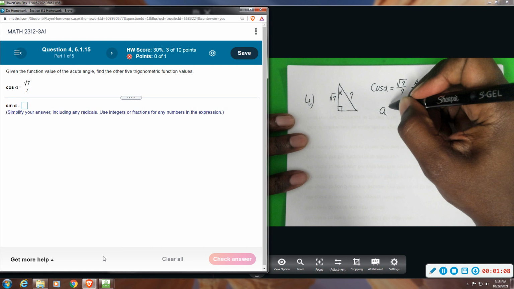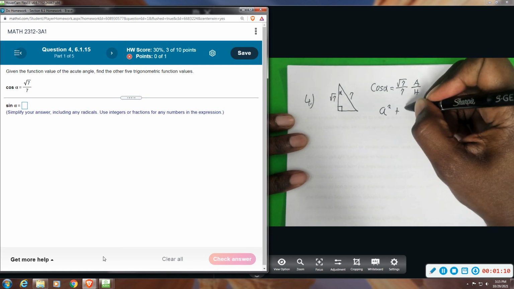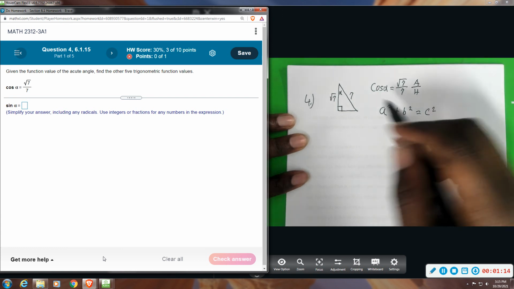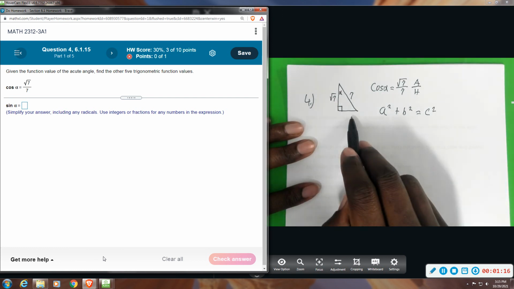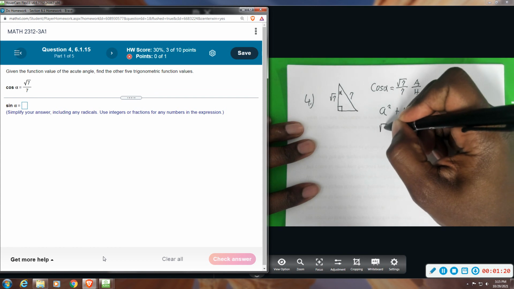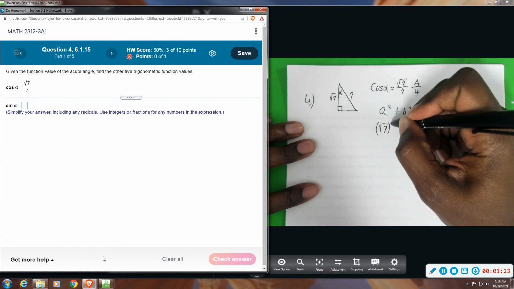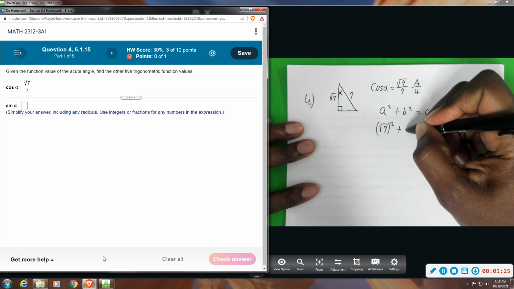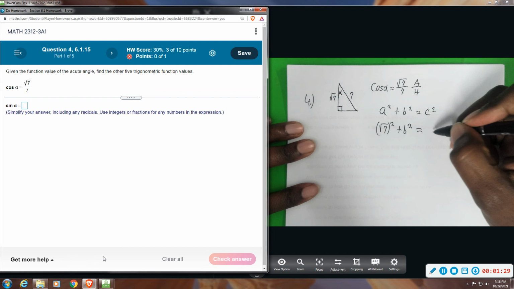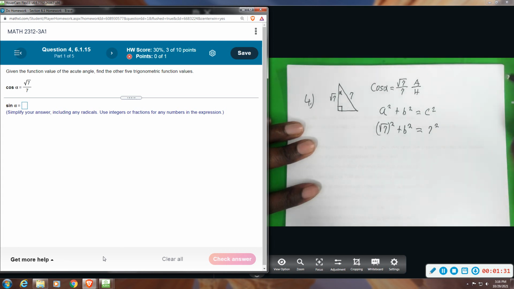A squared plus b squared equals c squared. Now, a can be this leg, so we're going to have the square root of 7 squared plus b squared, the unknown, equals c squared. It's going to be 7 squared.